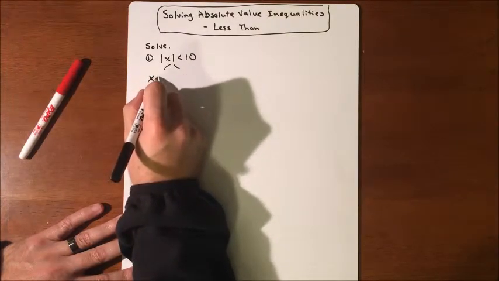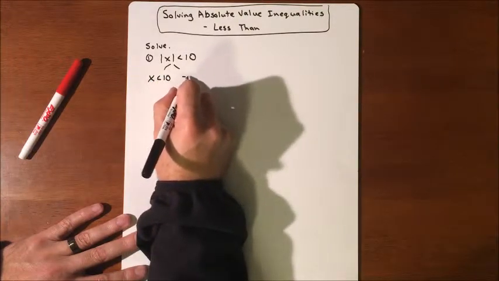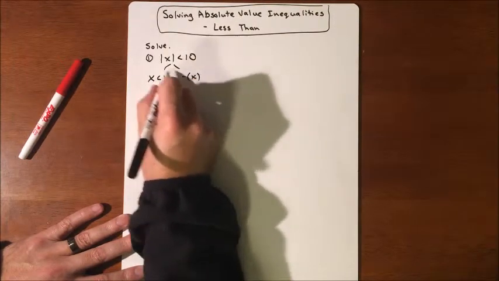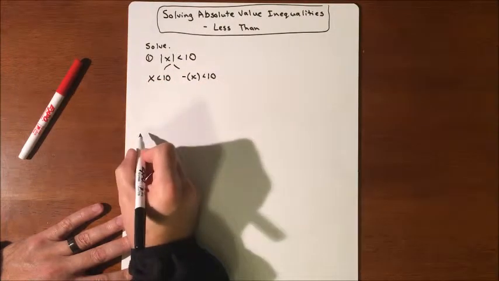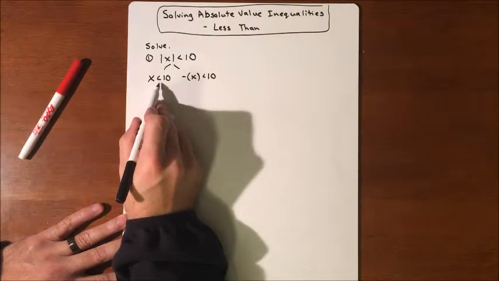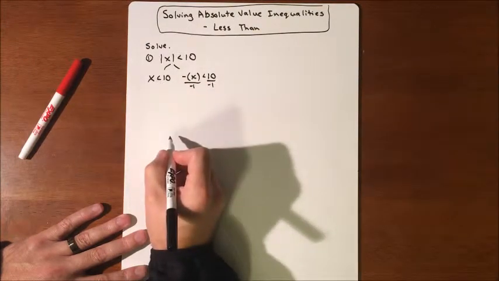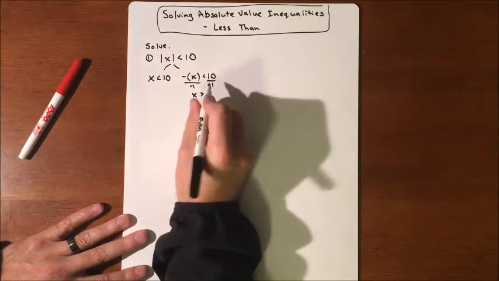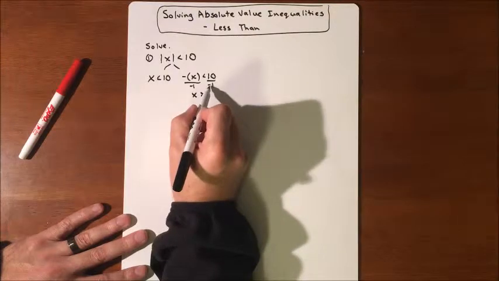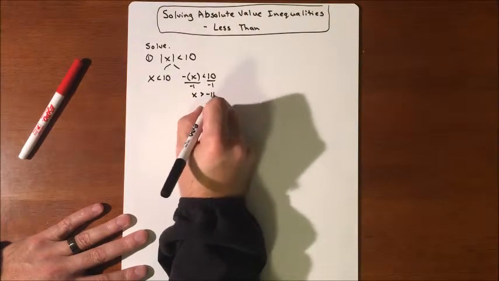So x is going to be less than 10, and then our second equation is going to have a negative applied to whatever is in the absolute value, and we'll solve that one separately. So there's nothing to do with this one, but on this one we'll divide both sides by a negative 1, and so x is going to be greater than, because we divided by a negative 1, it flips our inequality, and that becomes a negative 10.